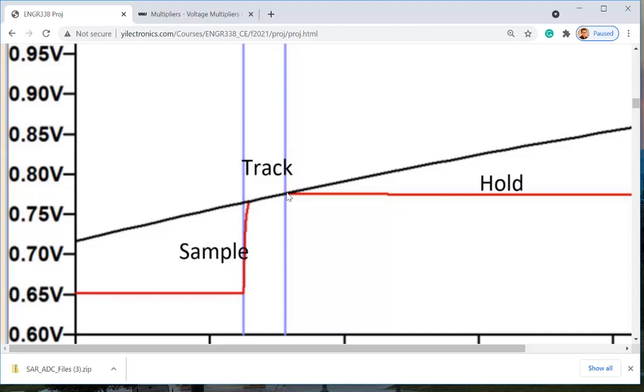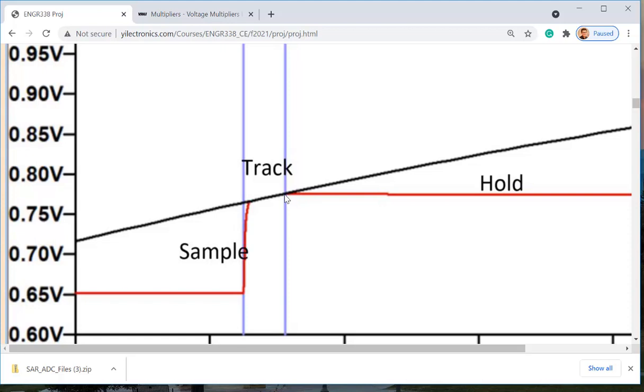How can I tell it's tracking? The red one and the black one are overlapping each other, right? So you cannot see the red line anymore. It's tracking. Okay, after the track, it starts holding that voltage value. Which point?